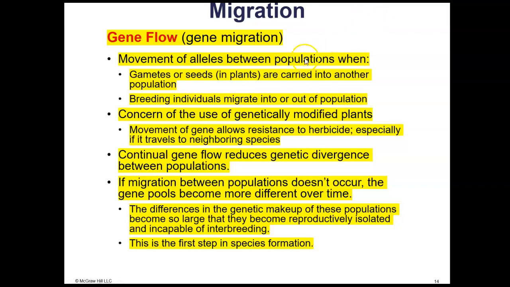Now, gene flow, another word for that is gene migration. That is the movement of alleles between populations, and that can occur in plants if pollen or seeds are carried to another population. And it can occur in animals when individuals migrate into and out of the population.